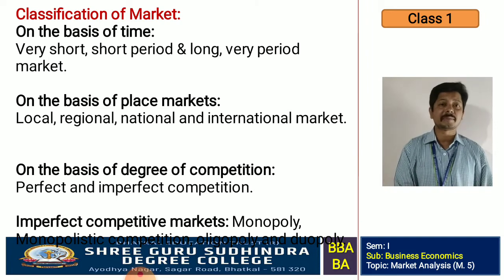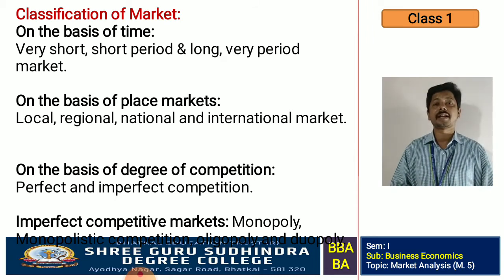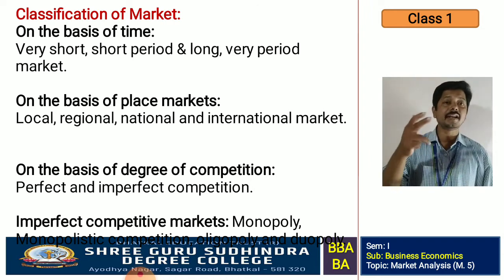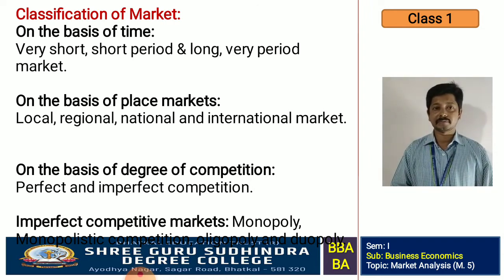Now, classification of the market, briefly. On the basis of time, we can classify very short period market, short period market, long period market, and very long period market, correct? So these are the four types.